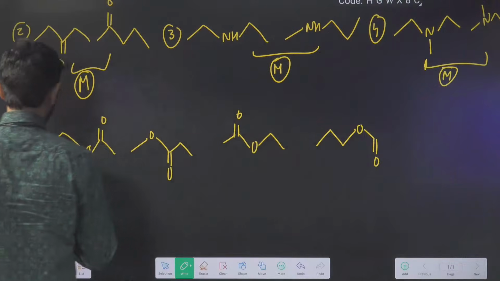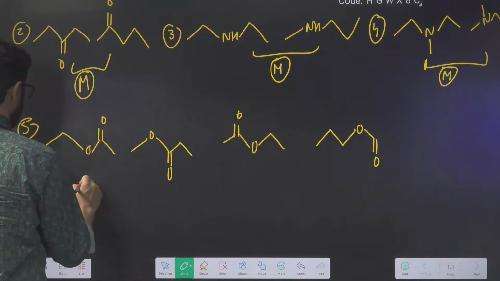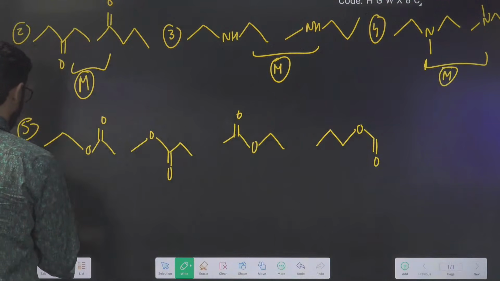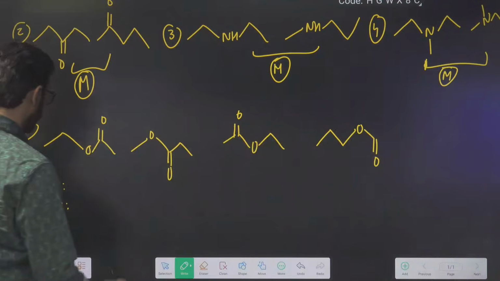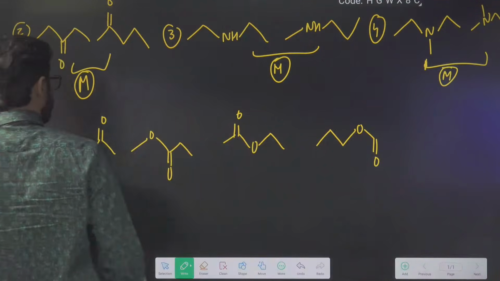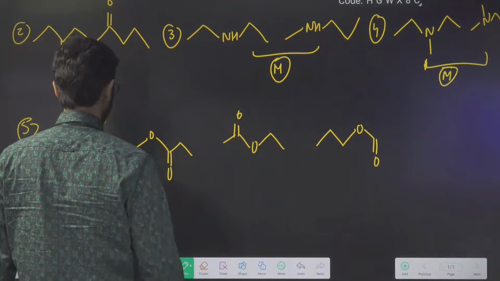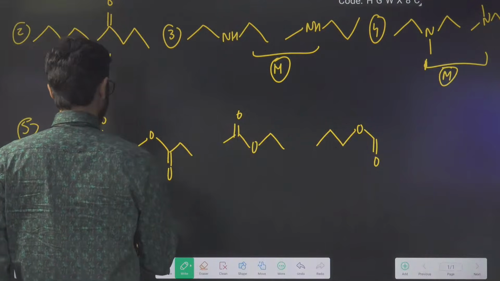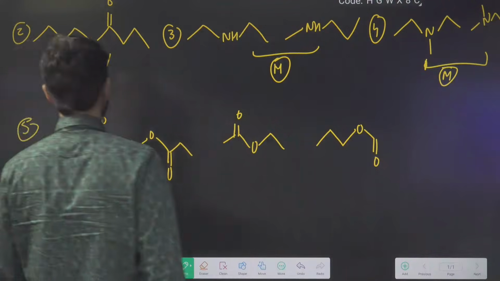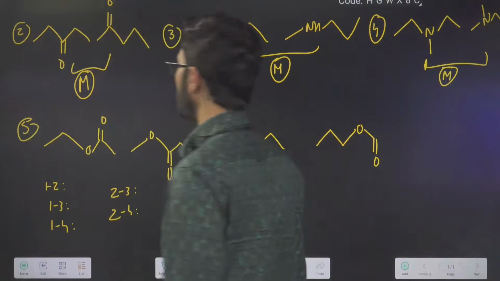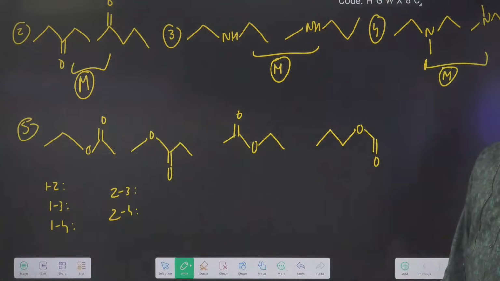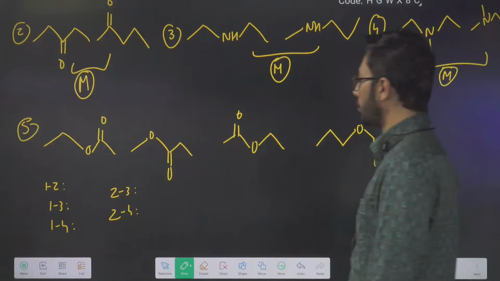In the fifth, find out between 1, 2, 1, 3, 1, 4, then 2, 3, 2, 4.